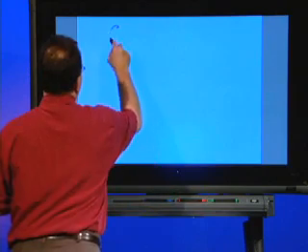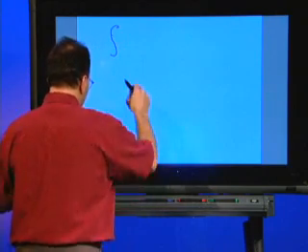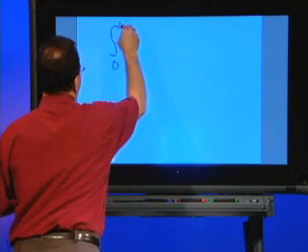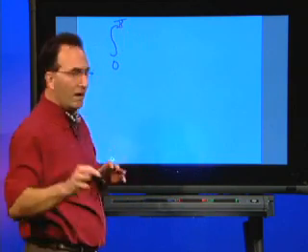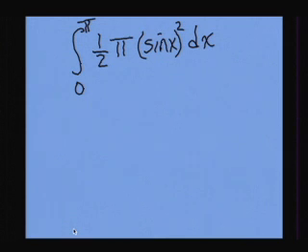So let's set up that integral using that information. It's going to be the integral from 0 to pi of 1/2 pi r squared, and r is the sine of x. And that's being integrated with respect to x.